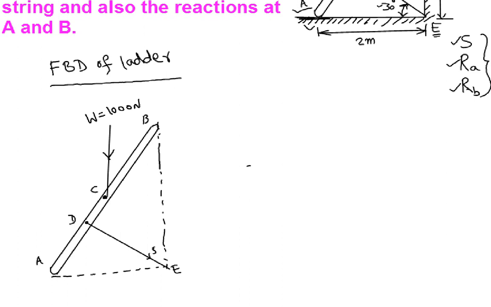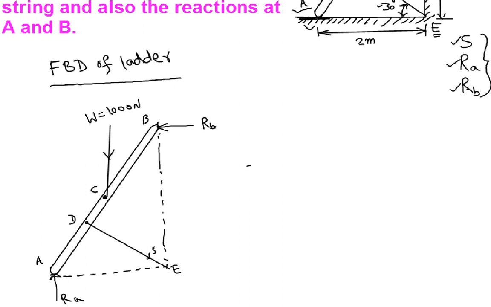So the total force is acting at C. We have seen that the reaction at the vertical wall as well as the horizontal floor is perpendicular to the surfaces. So this is reaction RA, and this is reaction RB.